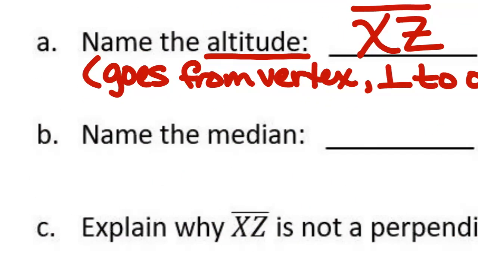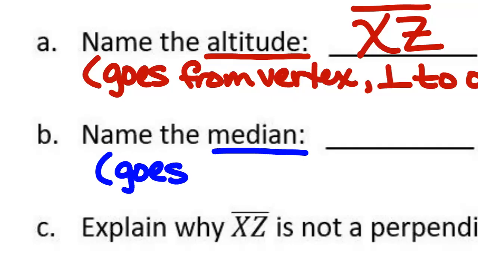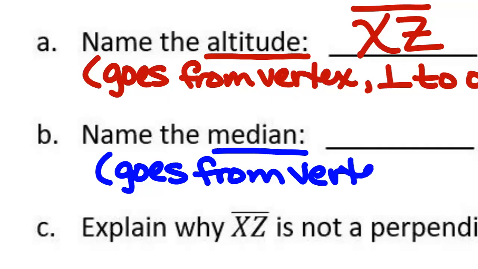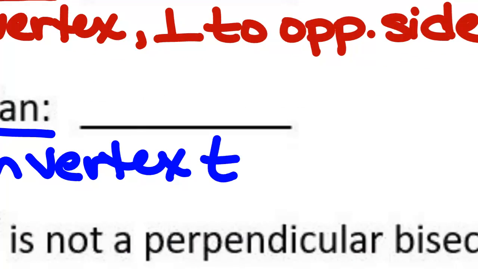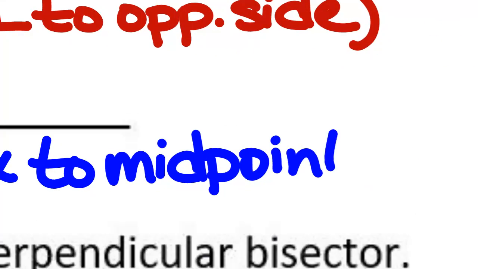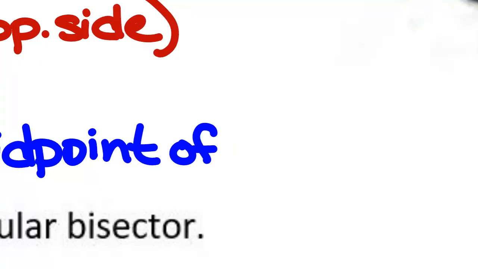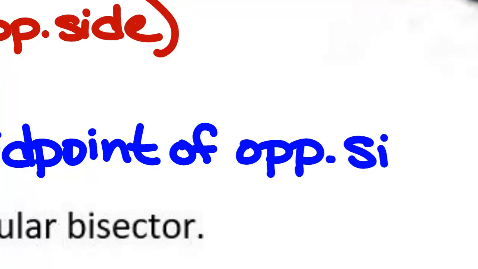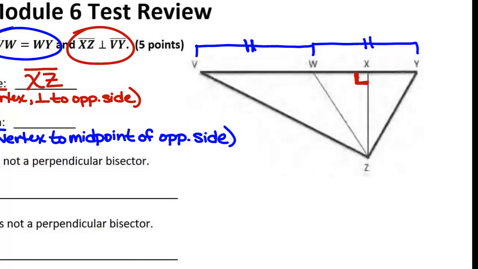A median goes from a vertex to the midpoint of the opposite side. Do we have a midpoint marked here?